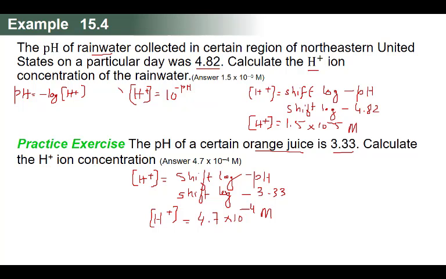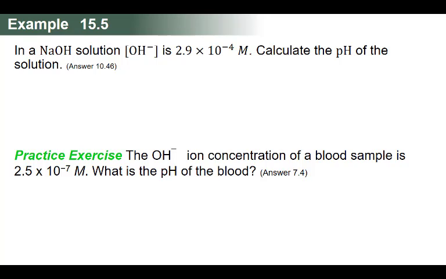So next problem here, he is giving you sodium hydroxide, this is a base, he is giving you the OH concentration and asking you to calculate the pH. So it is very easy again, 15.5.